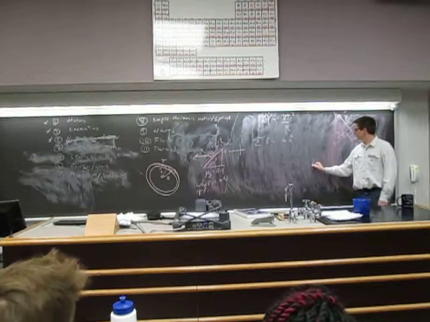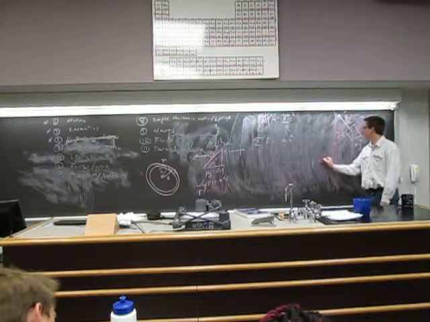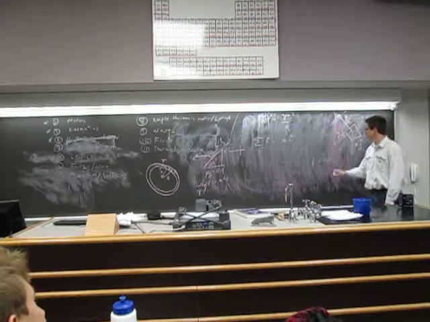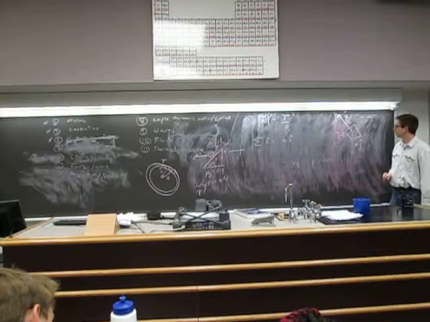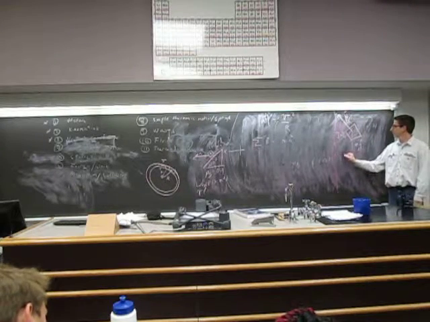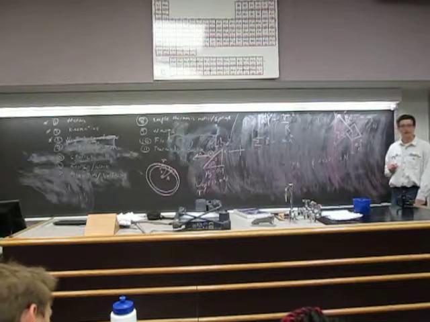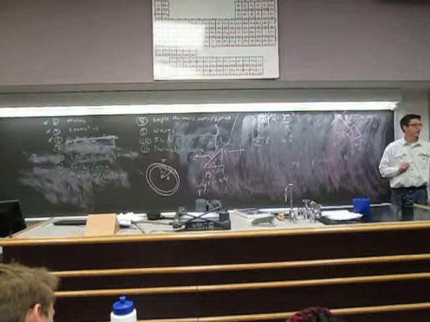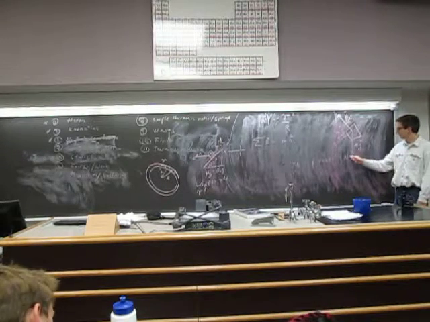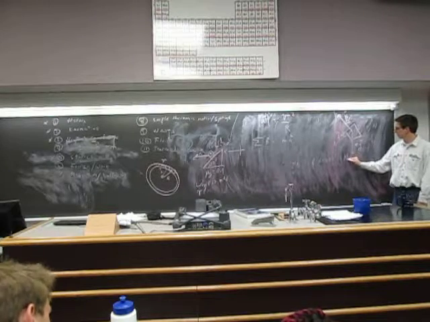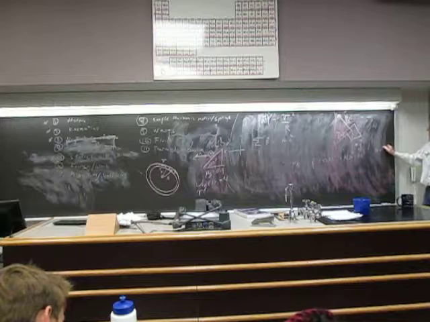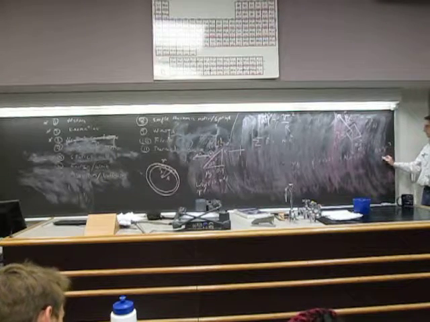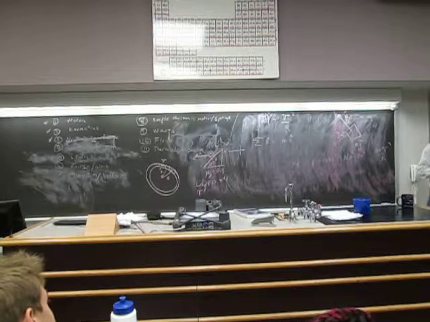So, the sum of forces in the X direction are going to be friction force cosine of 20 degrees, plus normal force times sine of 20 degrees. And that's equal to m v squared over r, ma.